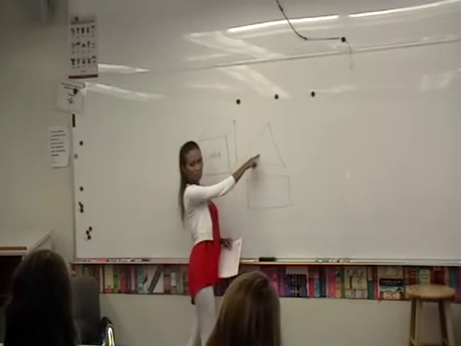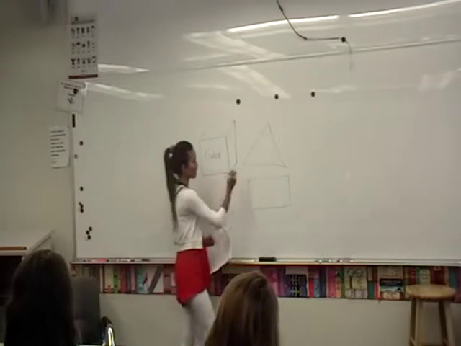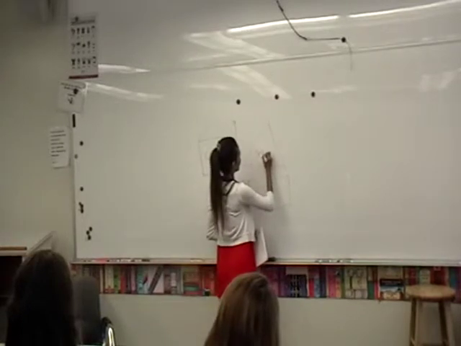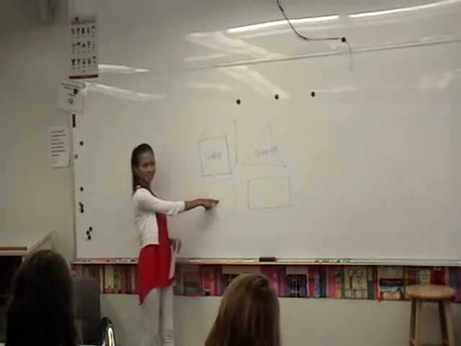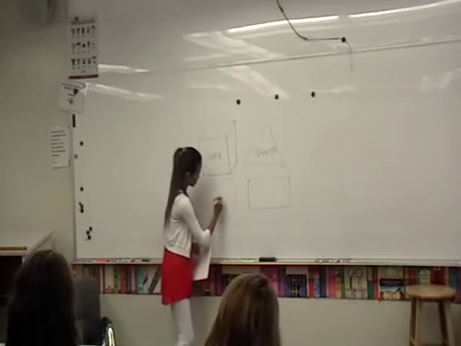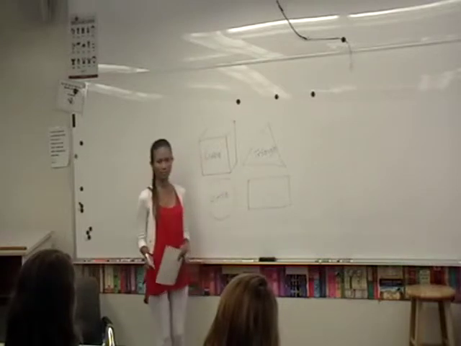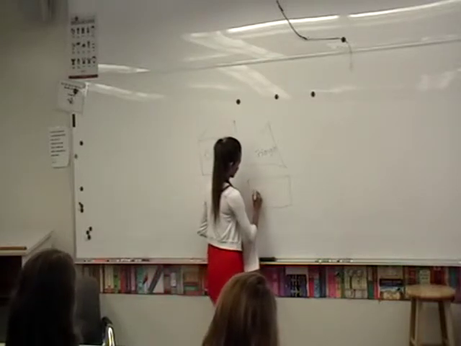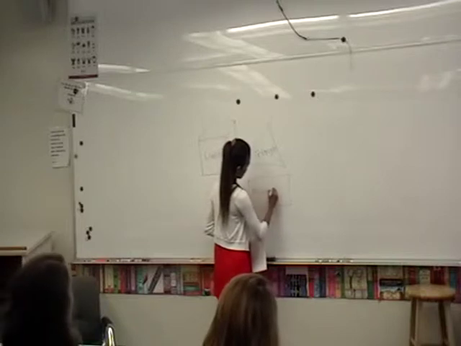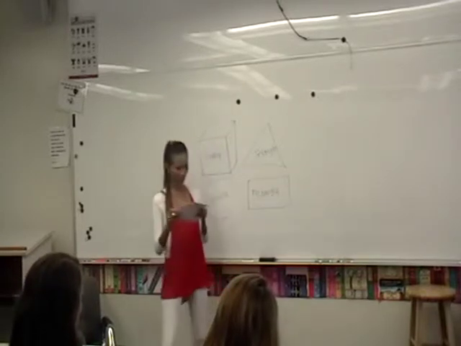What about this one? Triangle. Good. This? Circle. And what is this one? Rectangle. Good job, you guys.